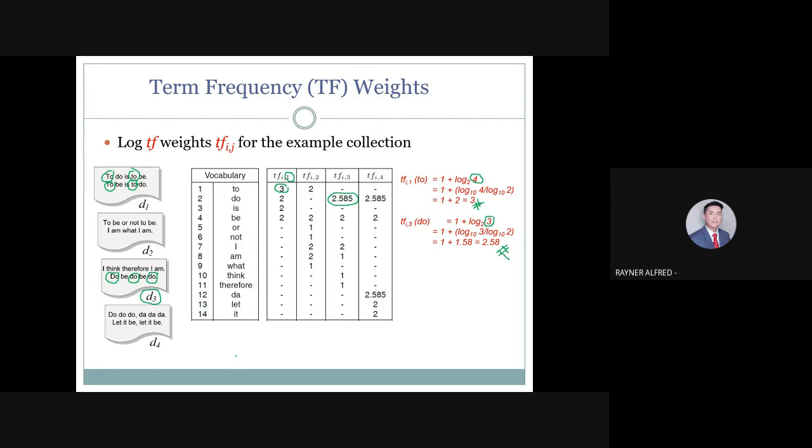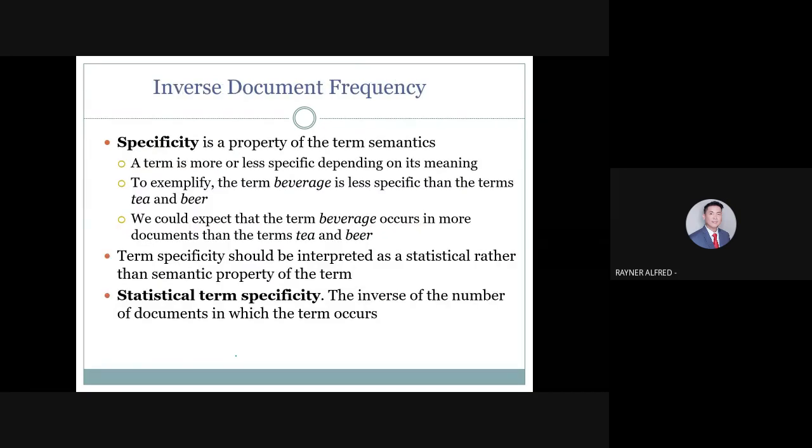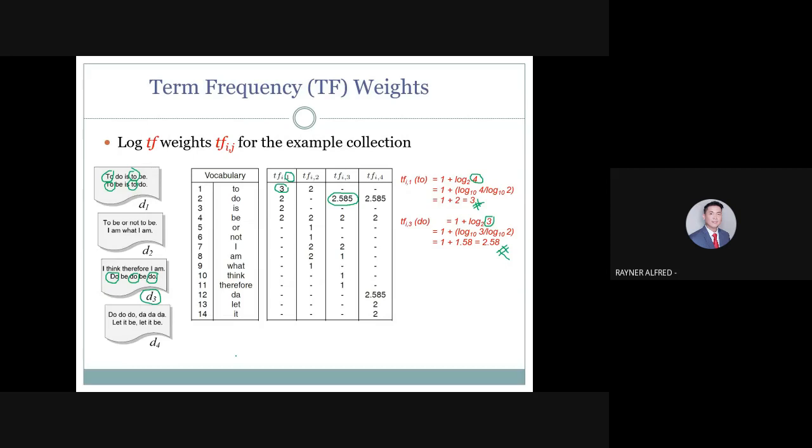From now on, we will use this term frequency weightage. And remember that the reason why we introduce IDF is this: the word B exists in all of documents 1 up to 4.